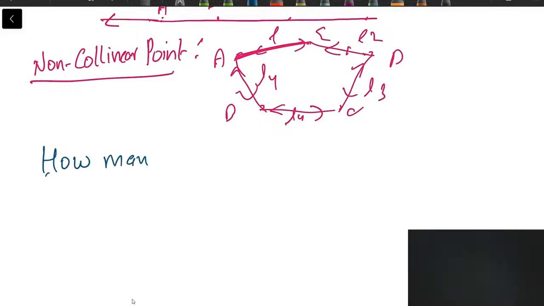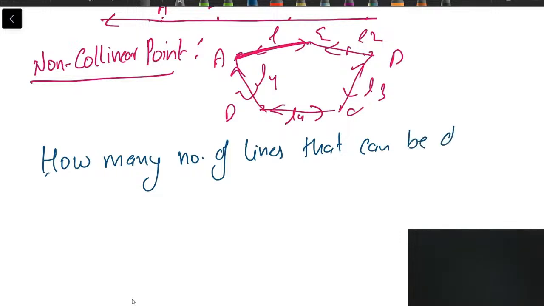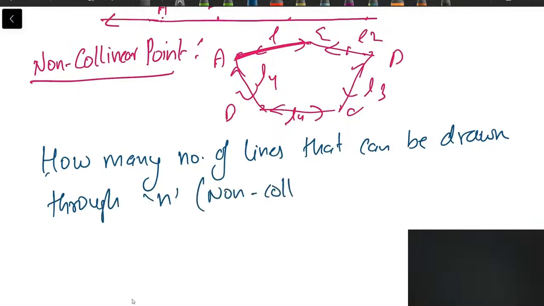We have to find the number of lines that can be drawn through n non-collinear points.